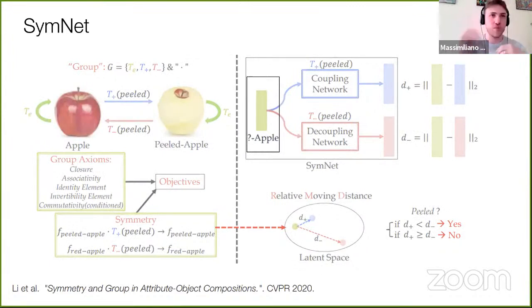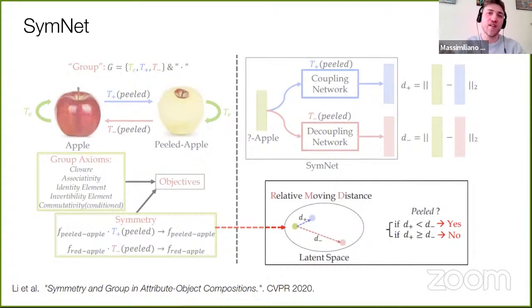So it's not that object and states are predicted all together, as maybe in attribute as operators, but you first predict the object, and then you check what is the attribute, the state, that has been applied to this object by this relative moving distance, which means that you start with your representation in this embedding space, and if you add an attribute and you have a small distance from the original projection that you obtained from the image space, that means that probably the attribute was already in the image.